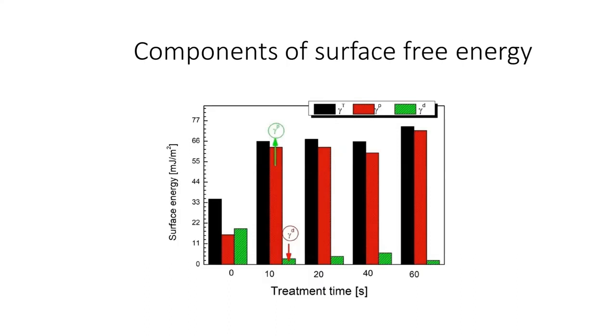It is seen that the surface energy significantly increases for a few seconds of treatment time, becoming maximum at about 73.9 millijoules per square meter after 20 seconds, and a similar trend is also observed for the polar component, but for the dispersive component we can see it decreases initially and remains almost constant throughout the time. So it shows that this component does not contribute to increasing the wettability of the PET surface.